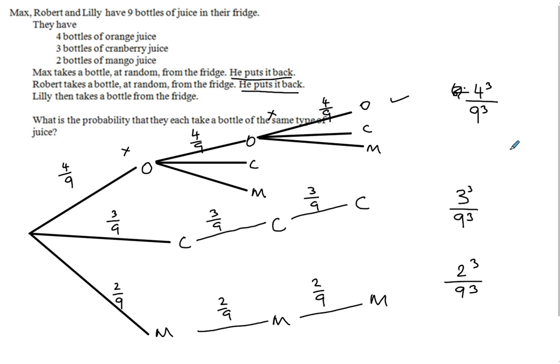Okay, and then because it's that or that or that, we're adding them, and if you put that all on your calculator, you get 11 over 81 at its simplest answer. All right, yeah, wasn't that easy? Okay, so please do not overwrite.